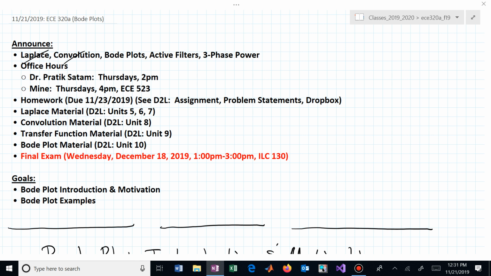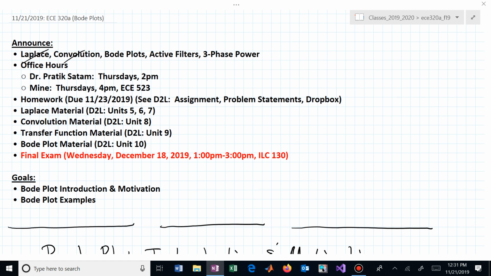The convolution material you will find in Unit 8, and I'm trying to organize these on the course website as we go. So if you just scroll down sequentially, you should start to see these units and lectures available to you as we cover them.